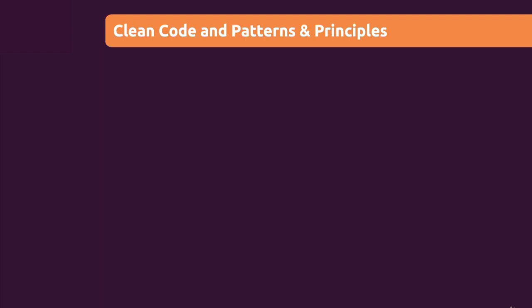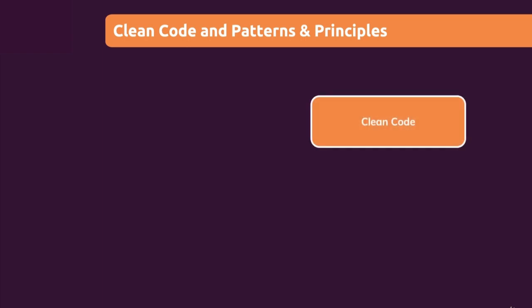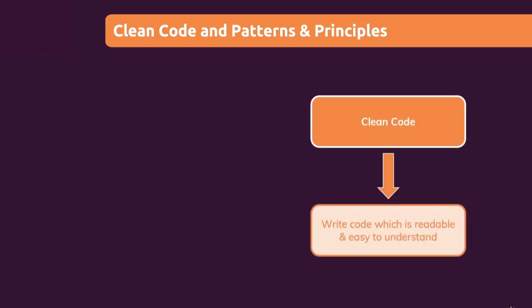How are these patterns and principles then related to the idea of writing clean code? Should you always follow them all to ensure that you do write clean code? For this, it is important to keep in mind that clean code is code which is readable and easy to understand. That is the main thing you have to keep in mind when writing clean code.